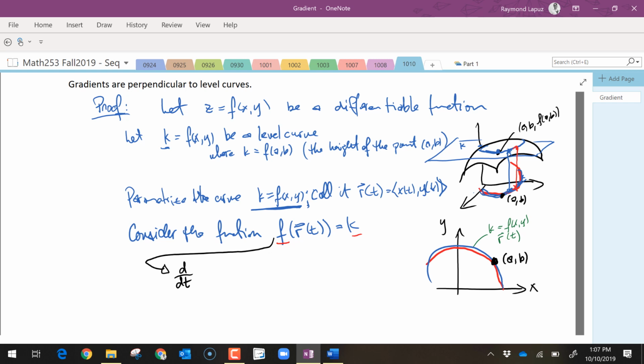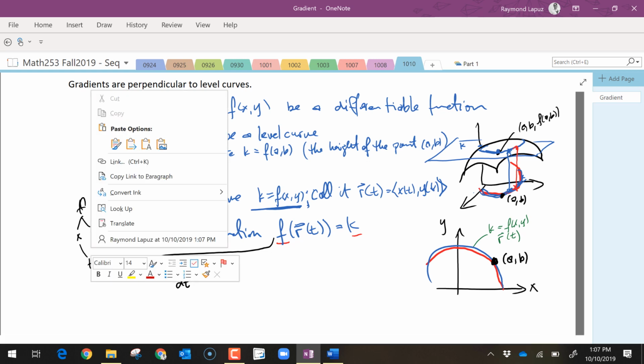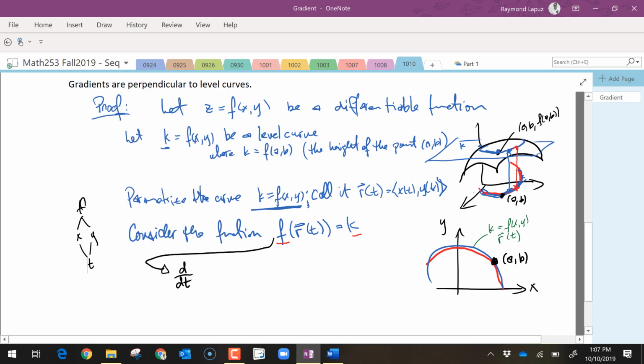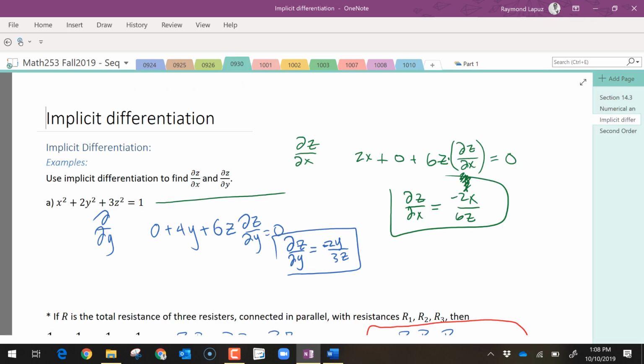So off to the side, f is a function of x and y, and x is a function of t, y is a function of t. So we have that special case of the chain rule that we've seen before. If we want to take the derivative of that, you have to say the partial of f with respect to x times x prime of t, and the partial of f with respect to y times y prime of t.